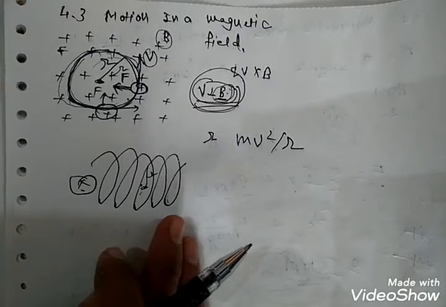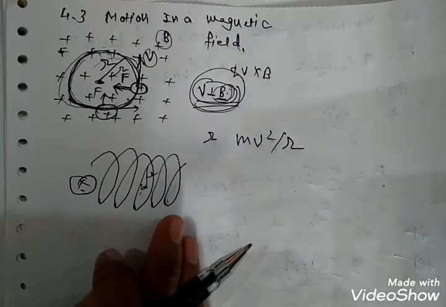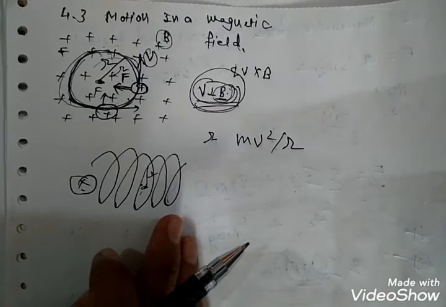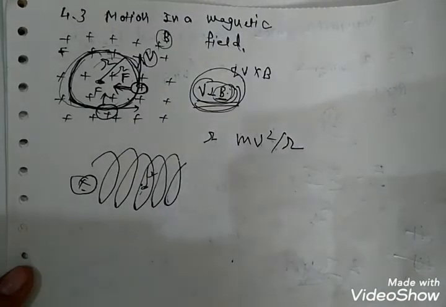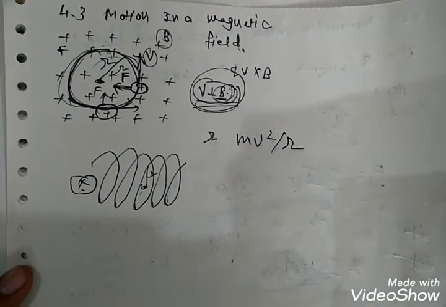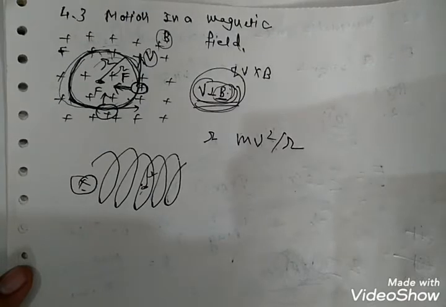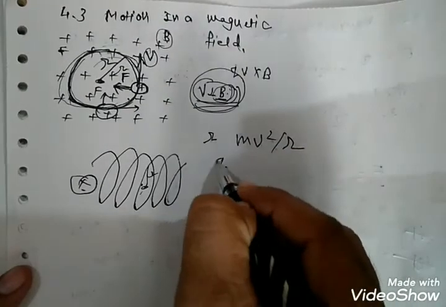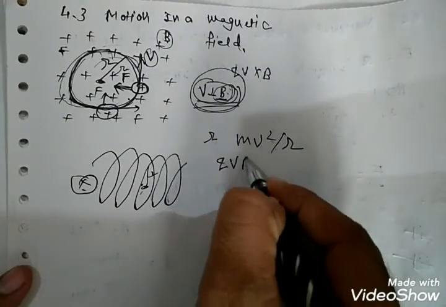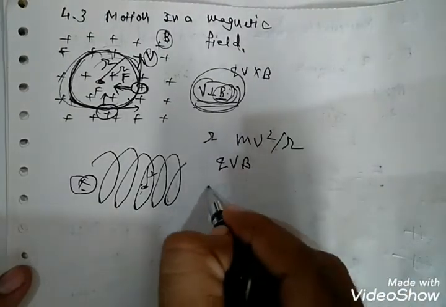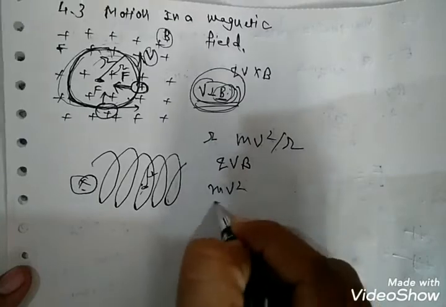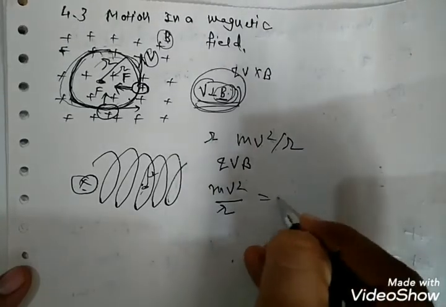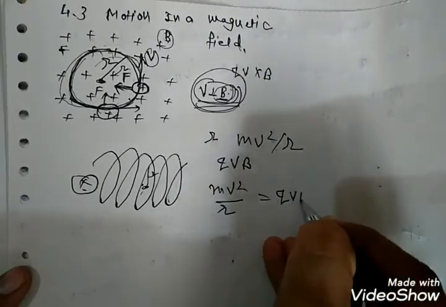If the velocity V is perpendicular to the magnetic field B, the magnetic force is perpendicular to both, and acts like a centripetal force. So its magnitude is Q V B, and the equation is m v square upon r equals Q V B.